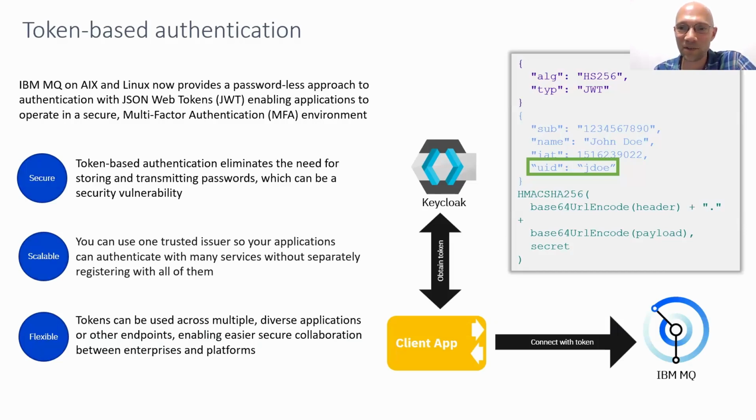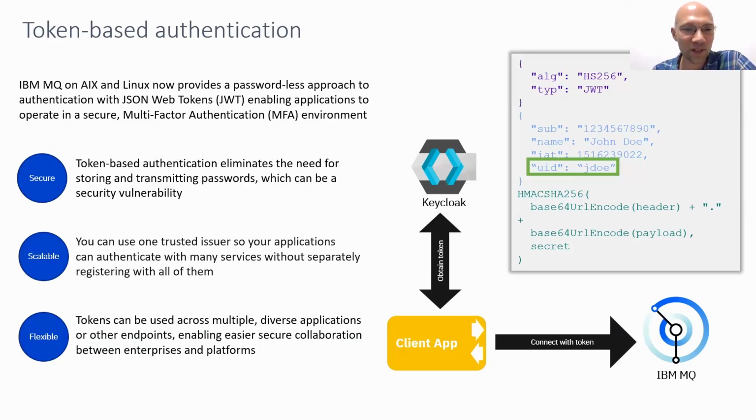So instead of having passwords flowing across your network, which you might not want for security reasons, you've now got a token being sent from the client application to the queue manager, which is only going to be valid for a certain period of time. And the type of tokens, by the way, that MQ supports are JWTs, which are JSON Web Tokens. It's quite a widely adopted industry standard by now.